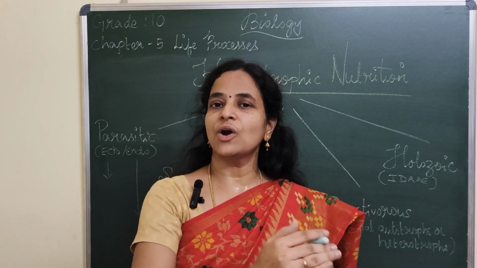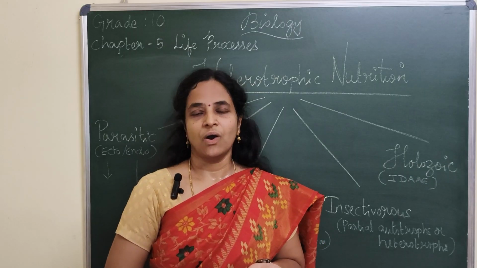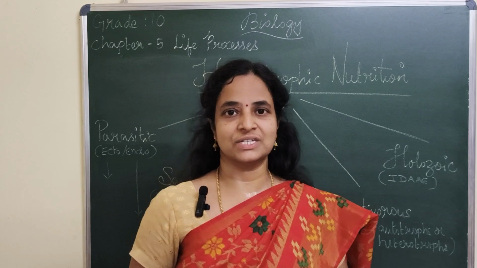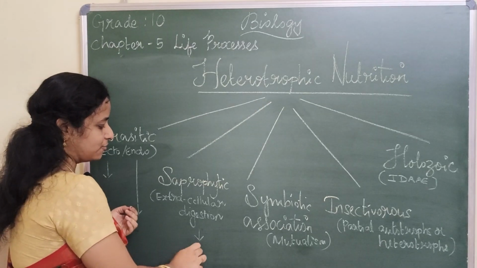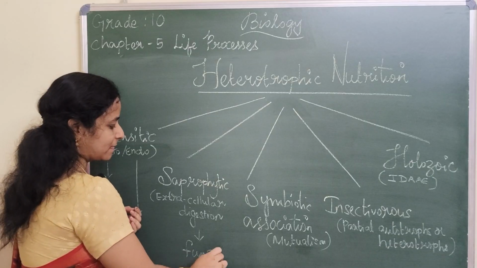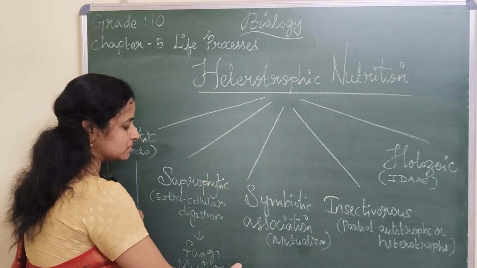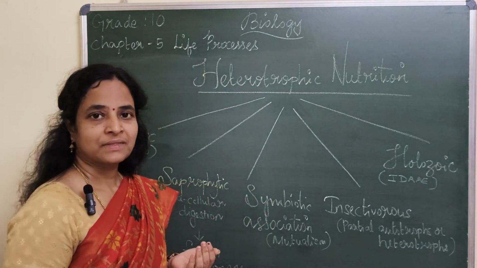They break down the complex matter into simpler forms, which are then utilized by the organism. That is why it is called extracellular digestion. Examples of saprophytes are fungi, and a very common example, mushroom. You can see mushrooms growing on dead and decayed matter like the bark of trees.